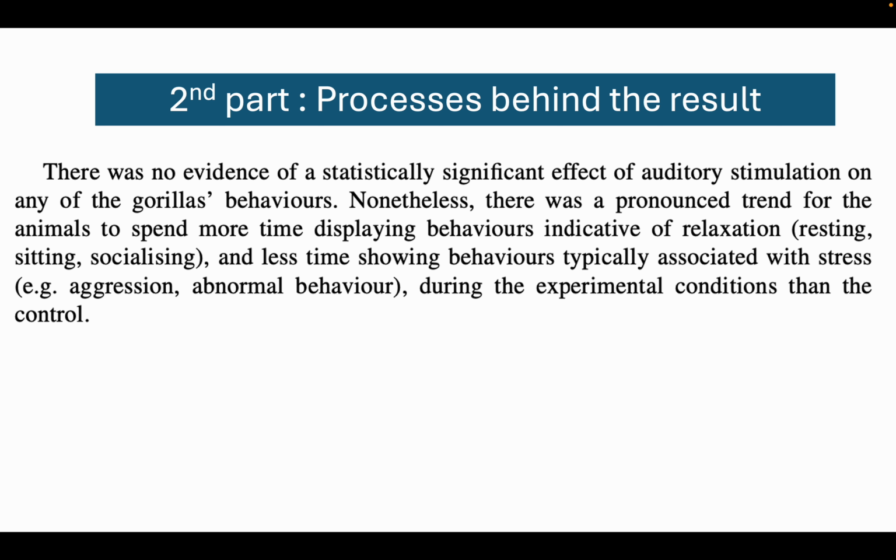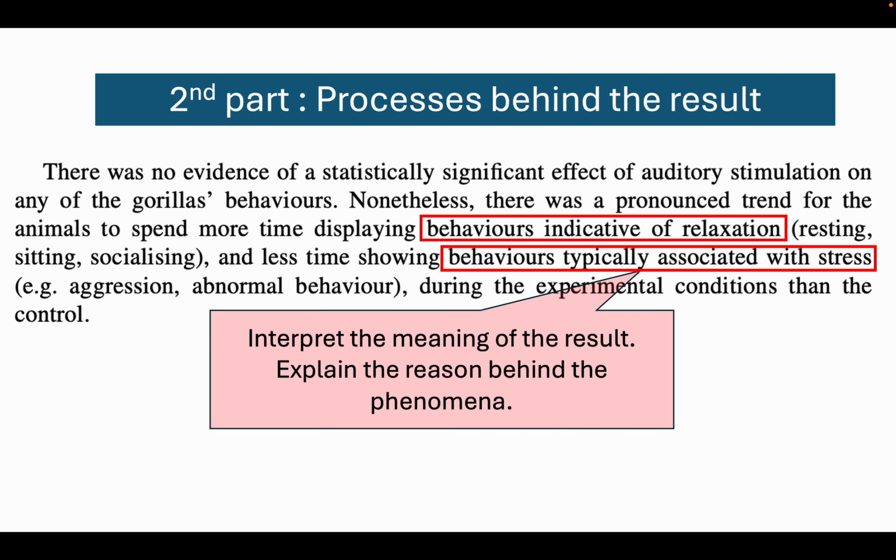Now the second part. The second part is all the processes behind the results. Alright, so this is an example. You can see here it interprets the meaning of the result. It explains the reason behind the phenomena. So for example here, the animals tend to spend more time. It displays the behavior indicating relaxation.